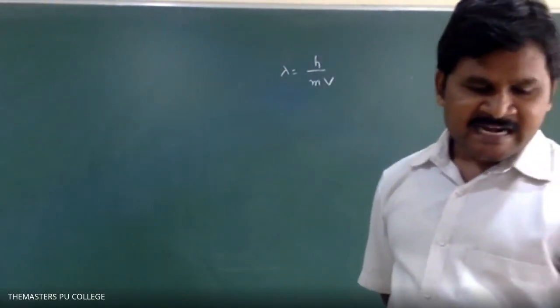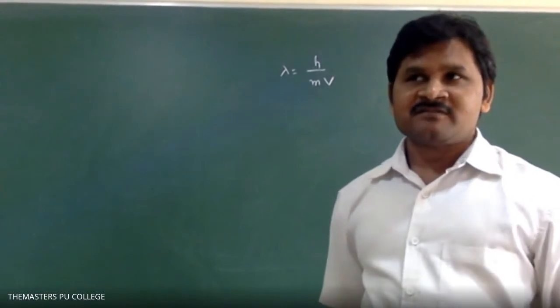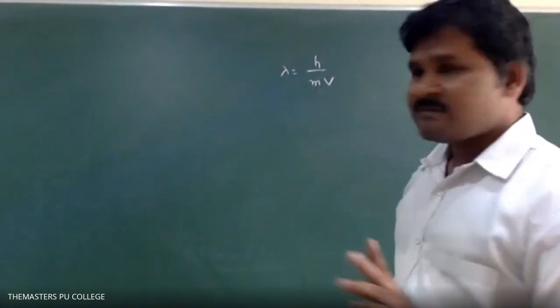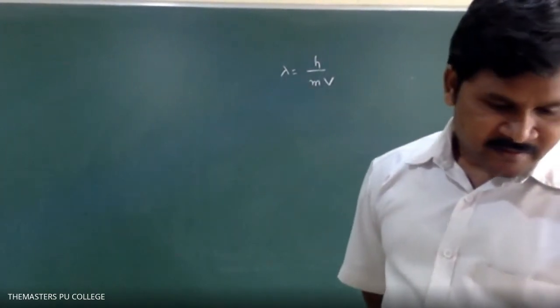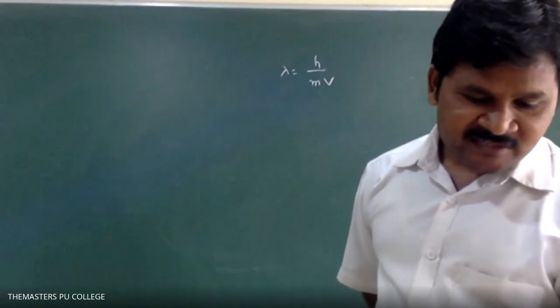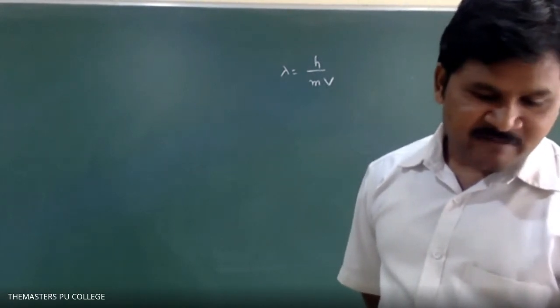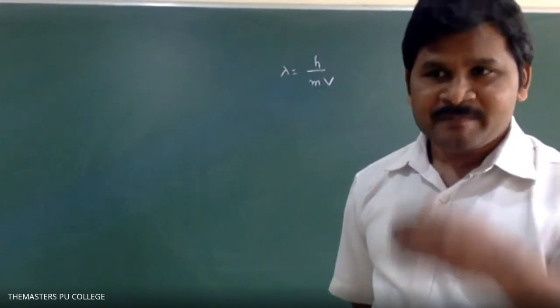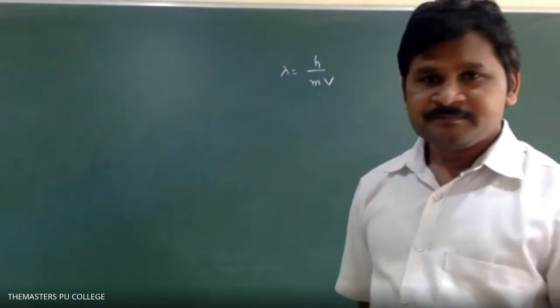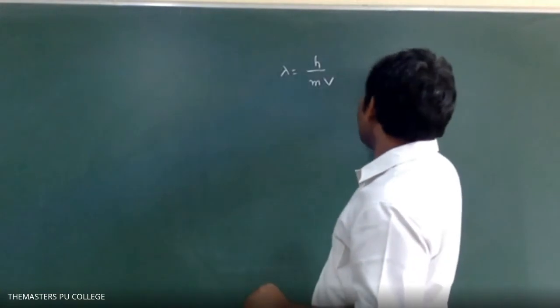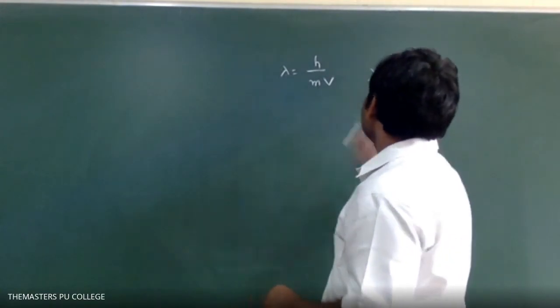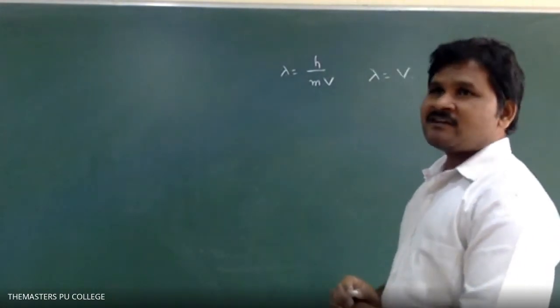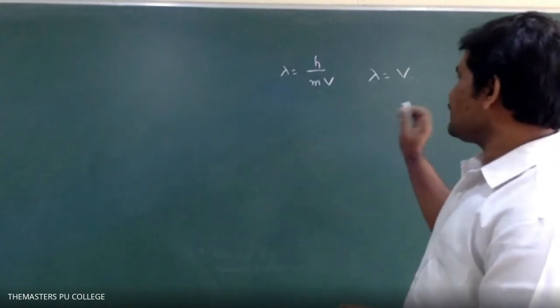Next, question 99 I am solving. Please observe. Lambda is equal to h by mv formula. If the wavelength of the electron is numerically equal to the distance traveled, distance traveled means it is velocity, na? So lambda is equal to v. What formula do we know? Lambda is equal to h by mv.